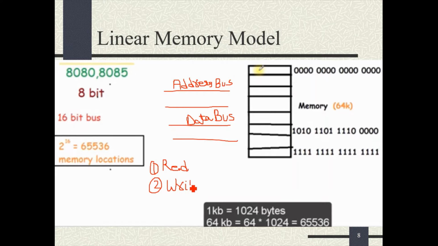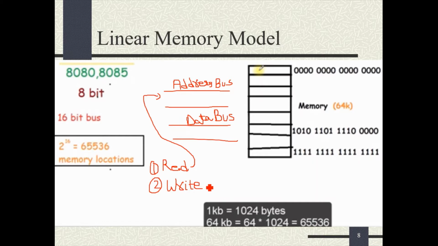If the processor wants to read from a specific location of memory, then the processor would place the address on the address bus. Memory would get that address, read the data from that location and put the data back on the data bus. The processor would receive the required data from the data bus.